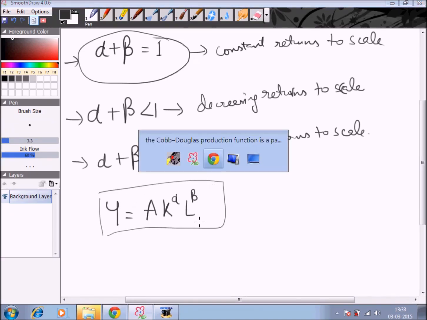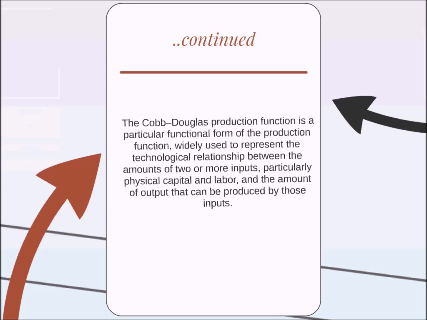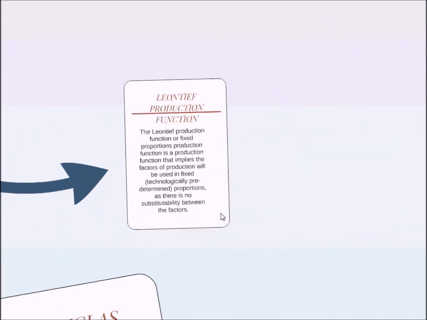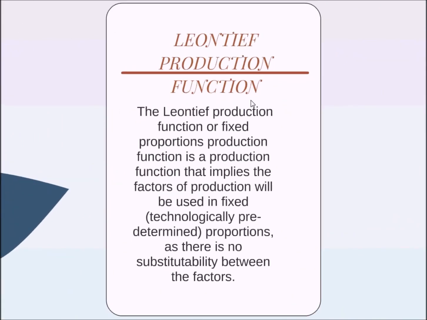Now I suppose that Cobb-Douglas production function must be clear to you all. It is a simple production function that represents the technological relationship between the amount of two or more inputs, and the inputs which we use are capital and labor, and the amount of output that can be produced by those inputs. Now we'll be studying a different type of production function, that is Leontief production function.